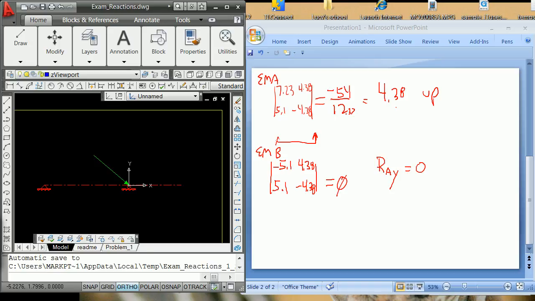That said, however, once you know this value here of 4.38, you should draft it up. I'll do that by saying line from the end point of that, and then at 4.38 straight up.